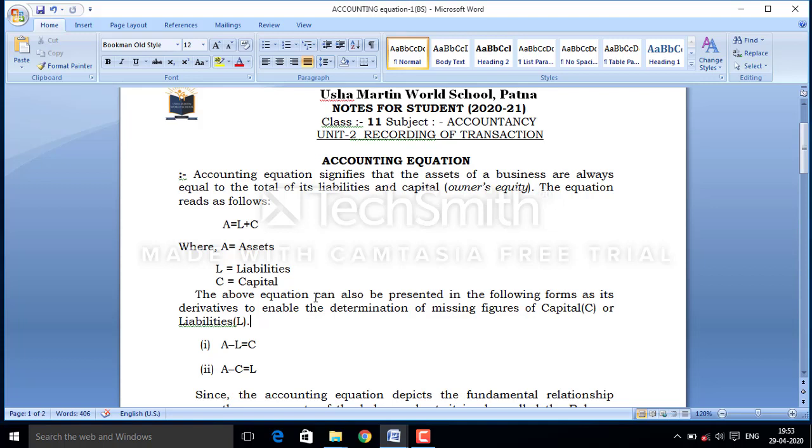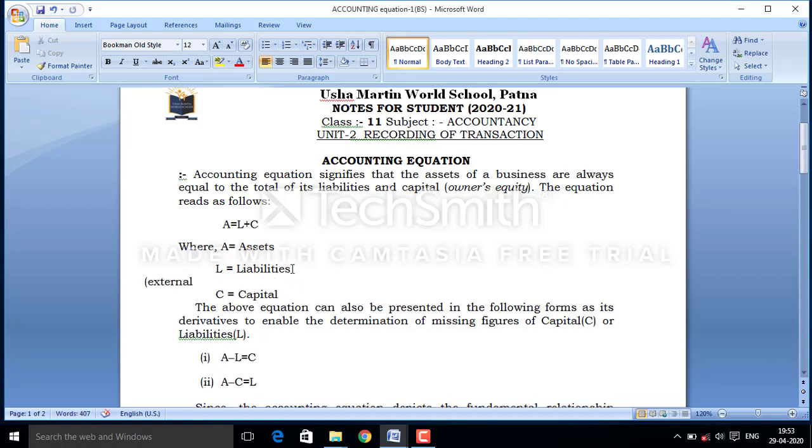Here liability means external liability. Liabilities means external liabilities.